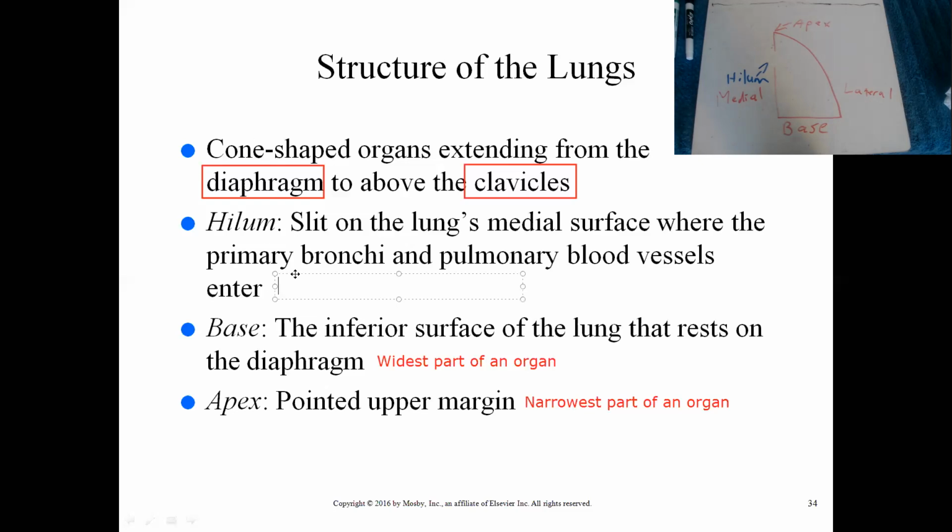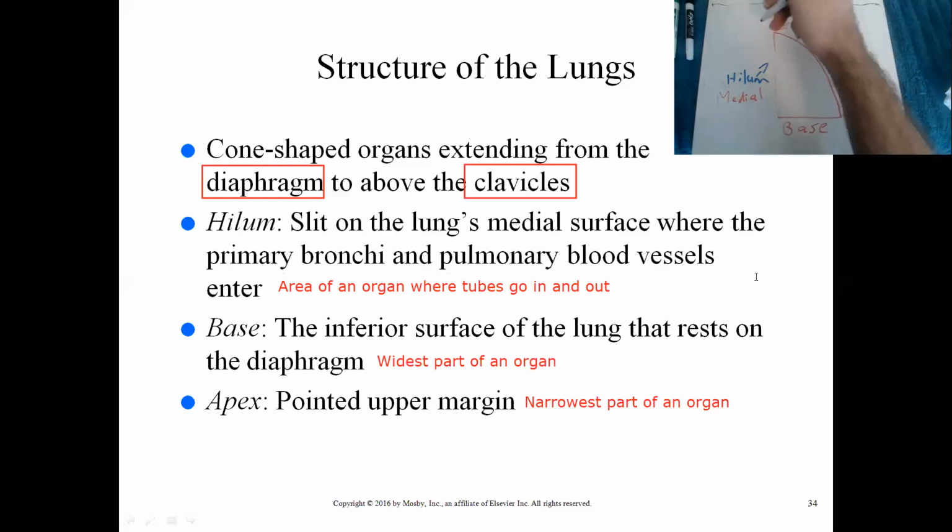Generically the term hilum is an area of an organ where any tubes for the organ go in and out. So in the case of the lung, the hilum is where the primary bronchi go in and blood vessels pass in and out of the hilum.